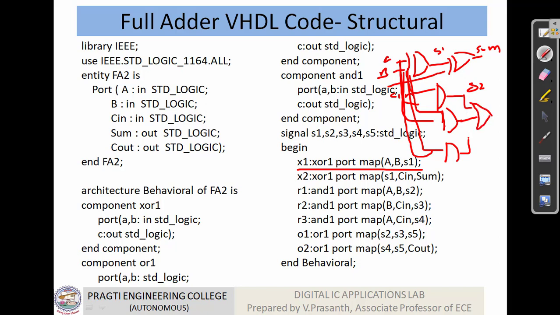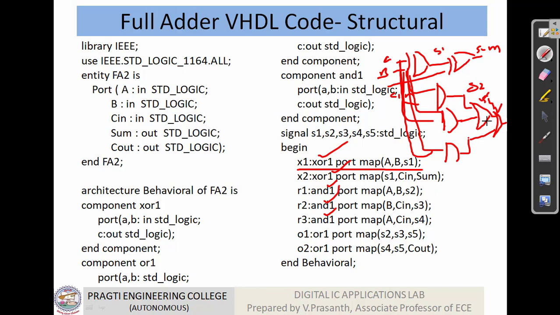One OR gate will give S4. Again this OR gate is connected to another OR gate, because we will have two-input OR gates. We have not taken a three-input OR gate. How many gates do we get in total? 2 XOR gates, 3 AND gates, and 2 OR gates.